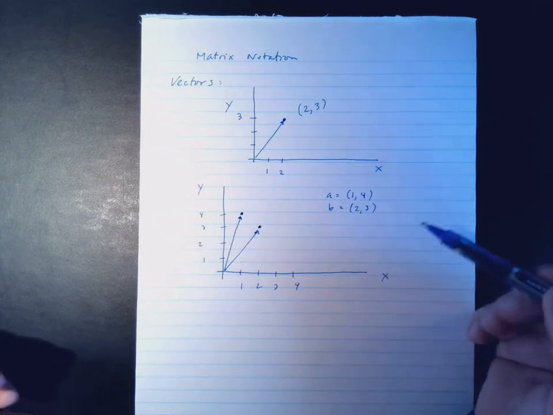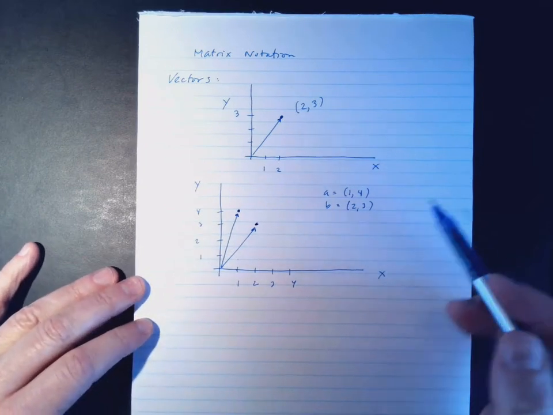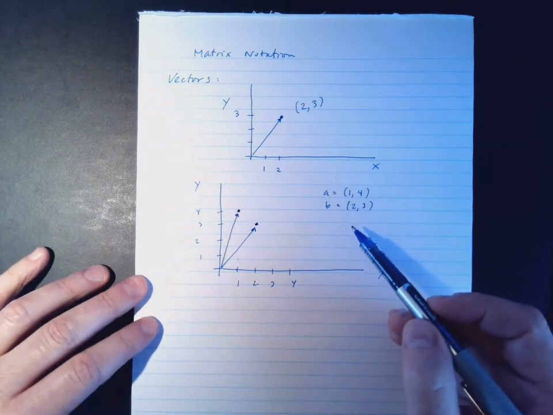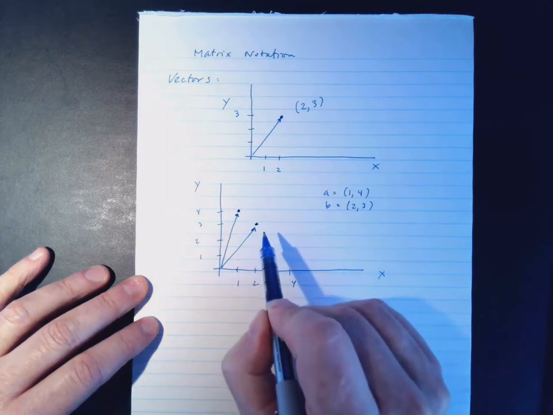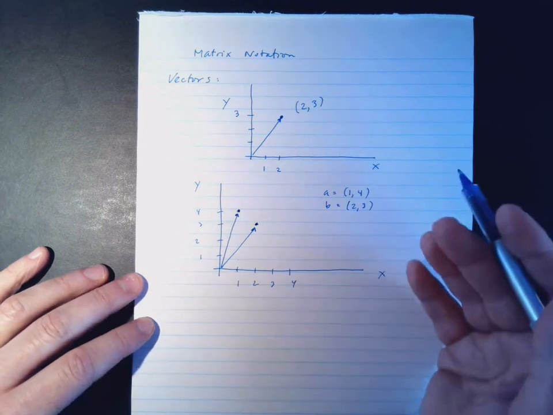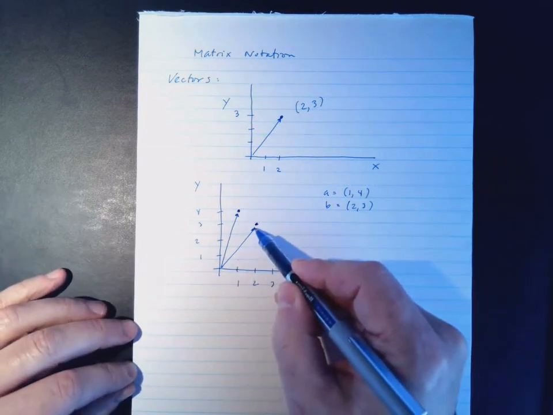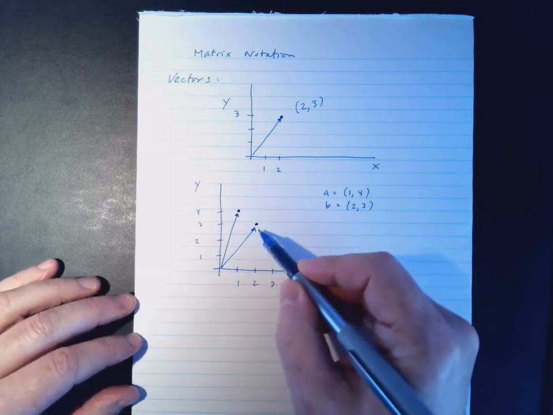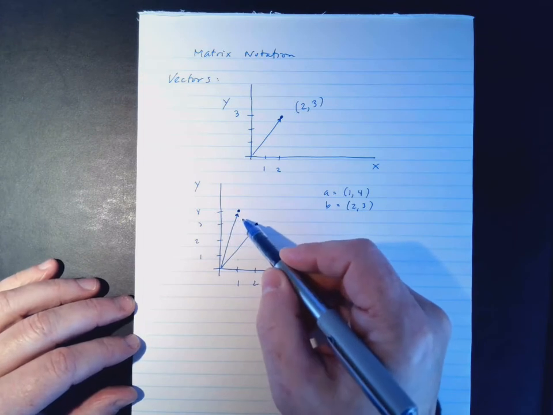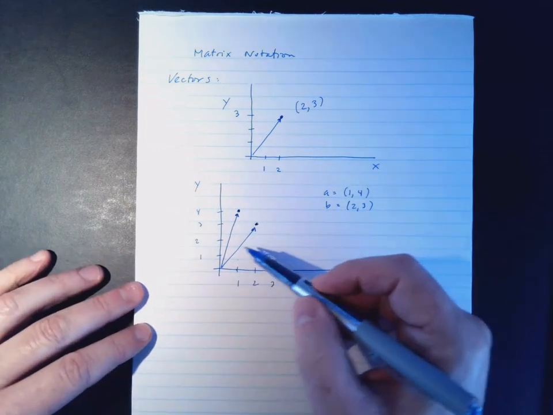Now, why do we have these different representations? Because for different applications, you have different types of interpretation. In physics, for instance, if you have a gravitational field, it's helpful to have the arrows in mind because they represent the strength of the force in that particular field, or if it's a magnetic field, for instance, around an electrical cable.